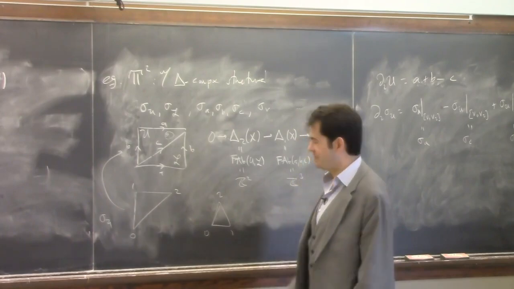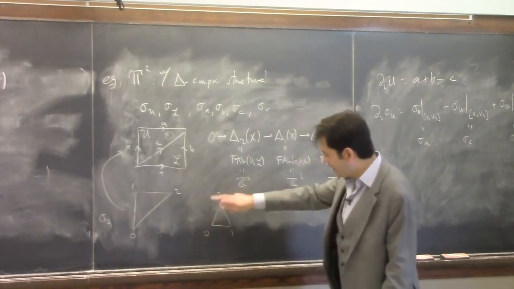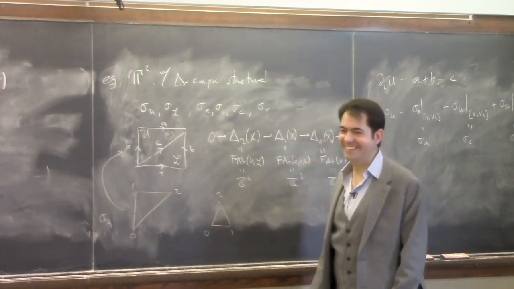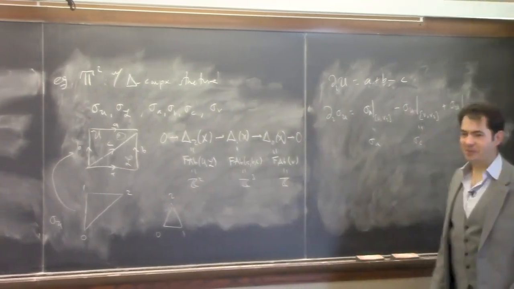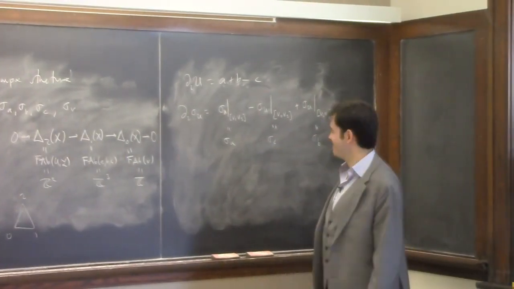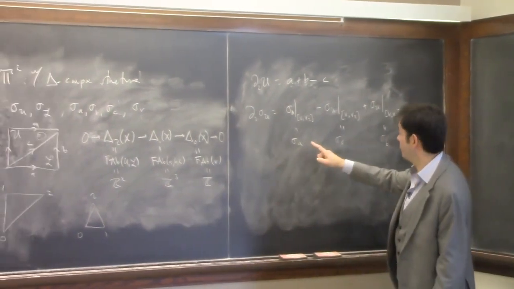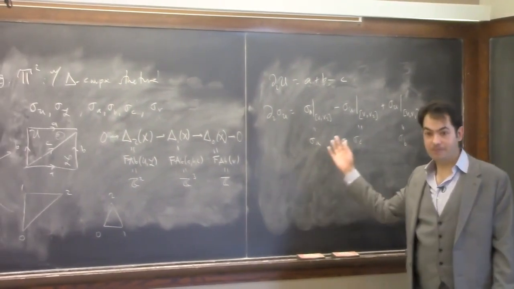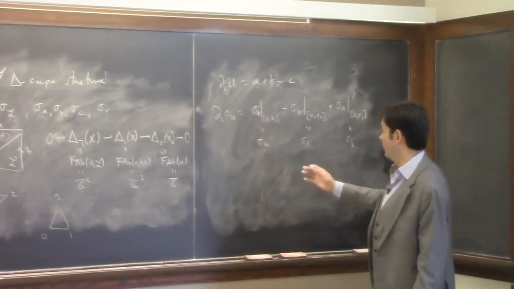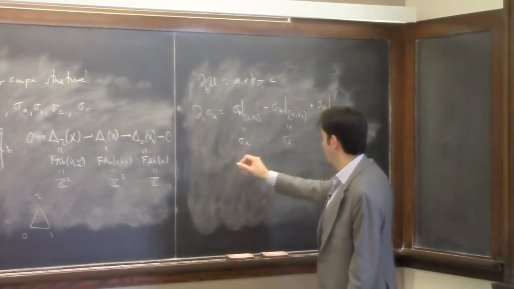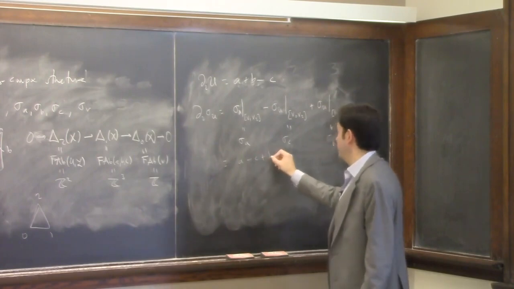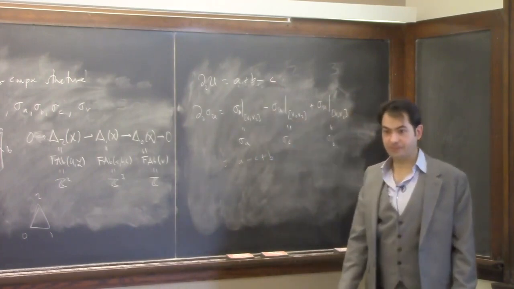But if you do it carefully, then you don't have to worry about the picture, because the algebra will tell you. So we get, indeed, A minus C plus B.